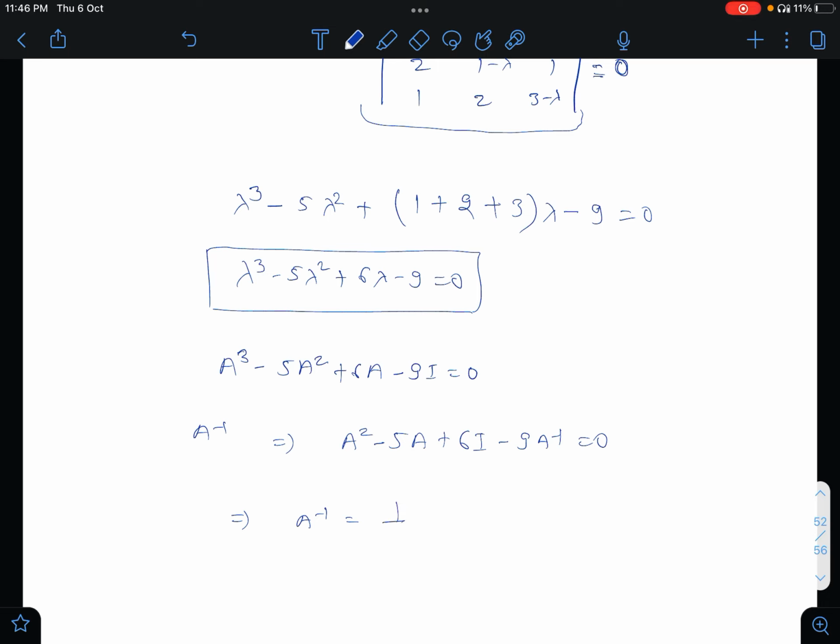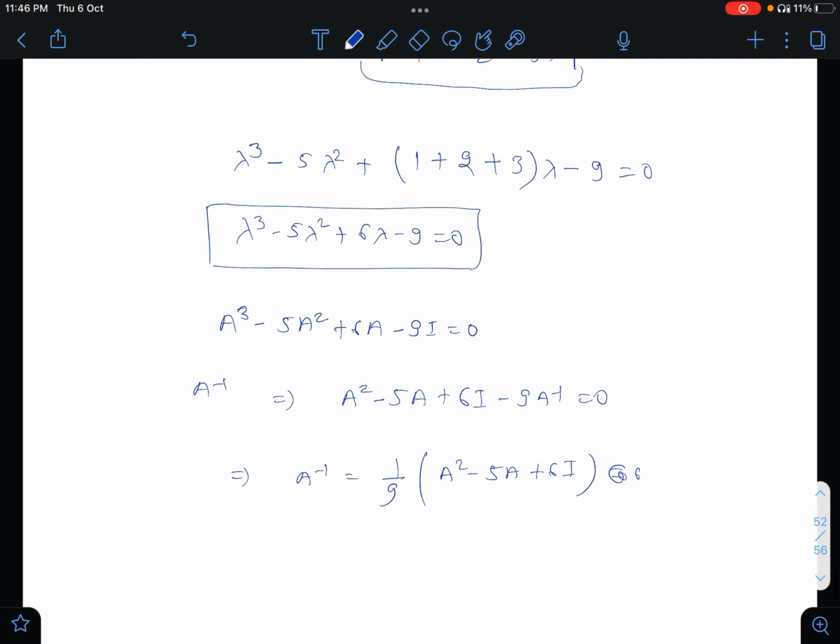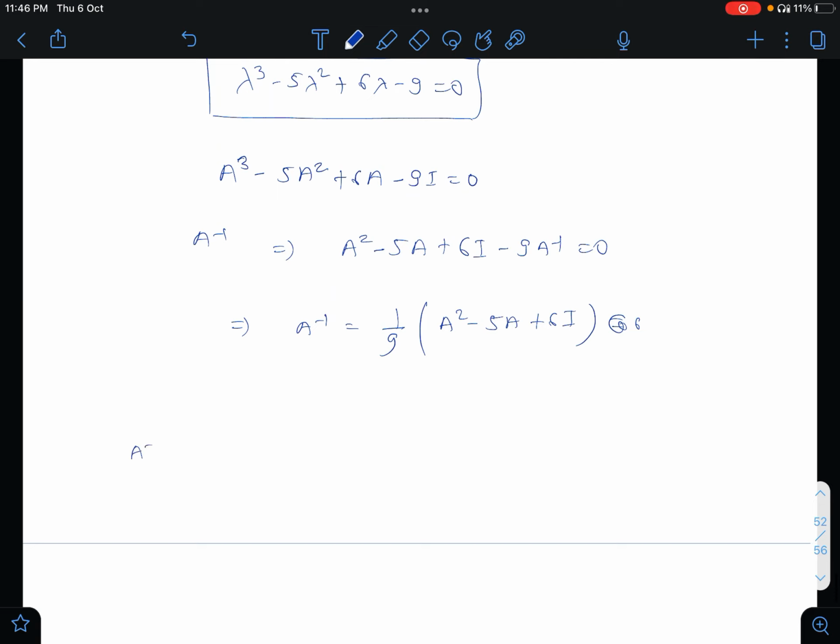That means A inverse is equal to 1 by 9 times (A square minus 5A plus 6I).